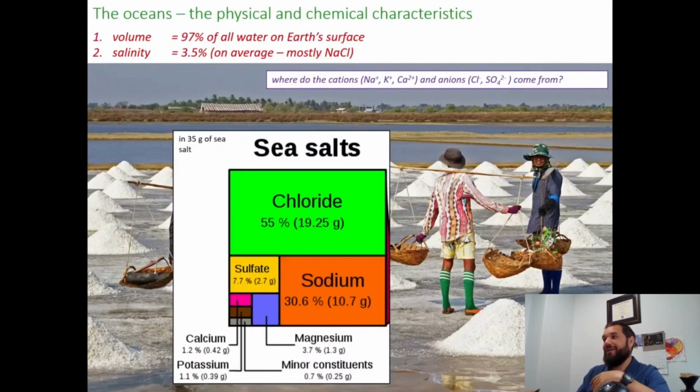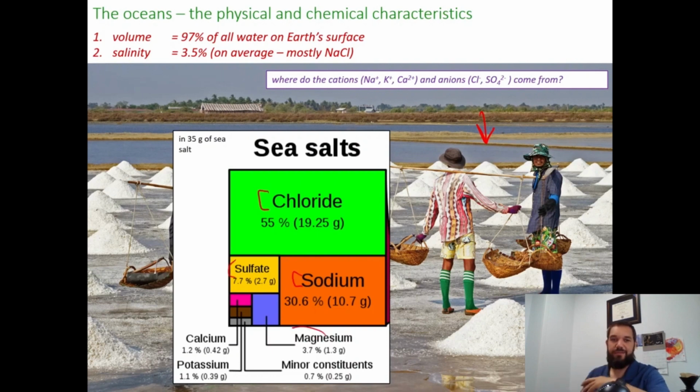So it's kind of funny because when people are evaporating sea salt to produce salt to actually eat, they have to be very careful to remove the magnesium sulfate, because otherwise you're going to have a terrible laxative effect, right? So you don't want that. But anyway, the four most prominent ions composing salt in the ocean are chloride, sodium, sulfate, and magnesium.